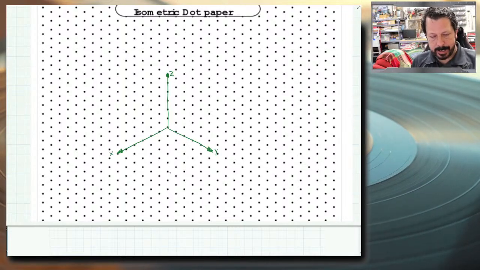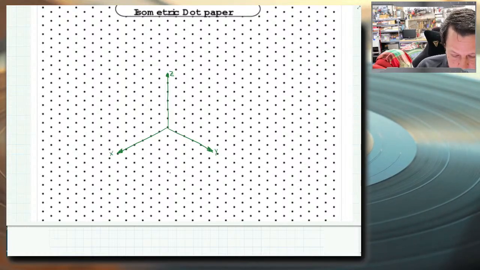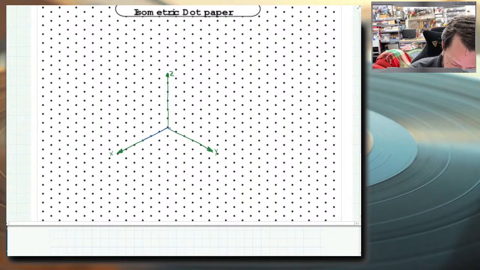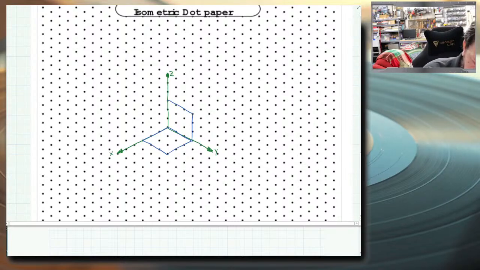So you can start to see with these axes on here how the coordinate system can fit into these dots. So if we wanted to draw a cube, we could maybe draw a base of 3 in both directions, X and Y. So there's its base, and then a height of 3, 1, 2, 3, and there's its top.